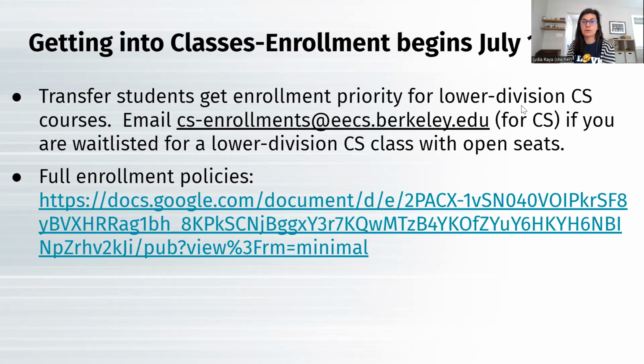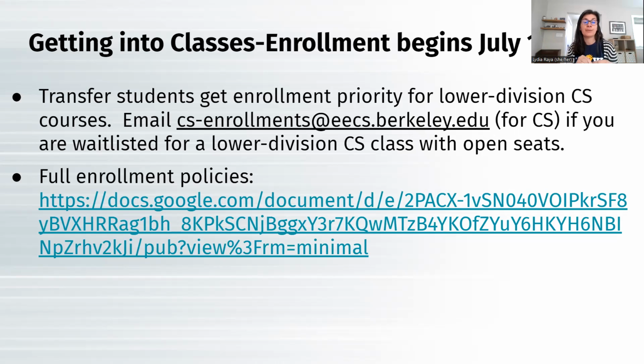Okay, so you will be signing up for classes starting July 11th. So we have a few weeks for you to meet with advisors and get your schedule settled for the fall, so that you know exactly what classes you're going to pick starting July 11th. You do get priority because you are CS majors.